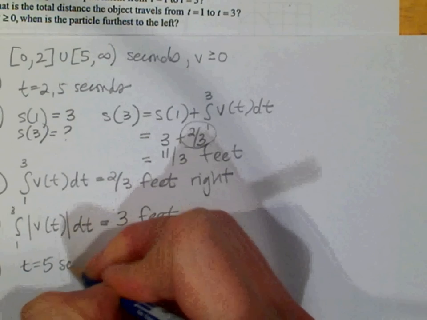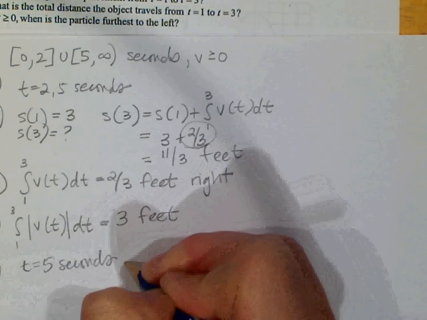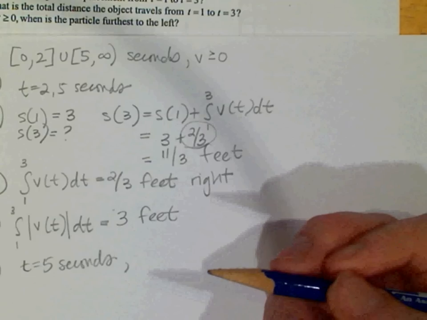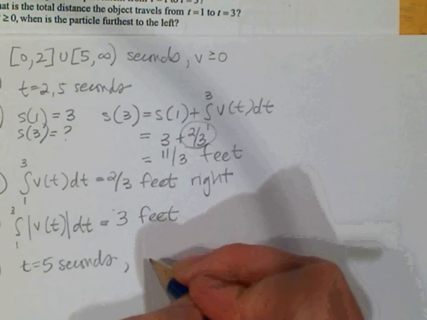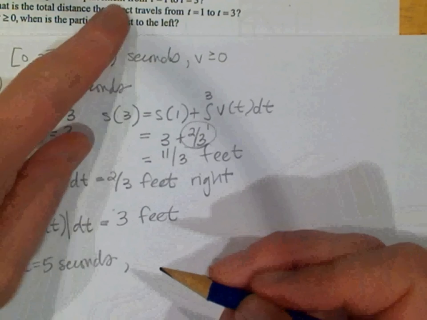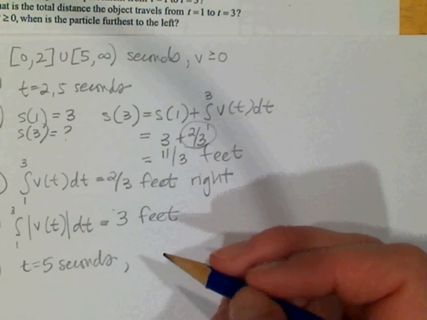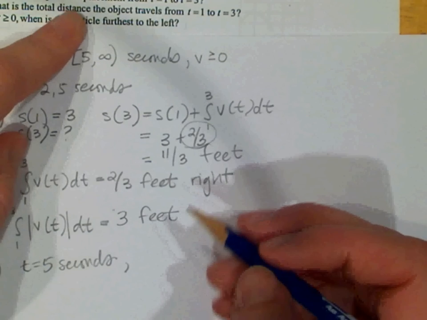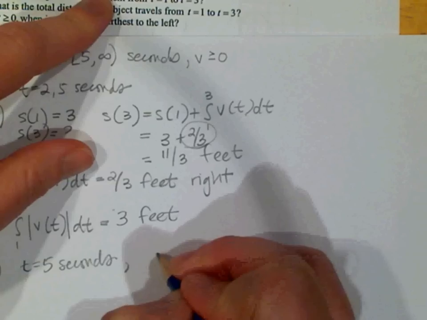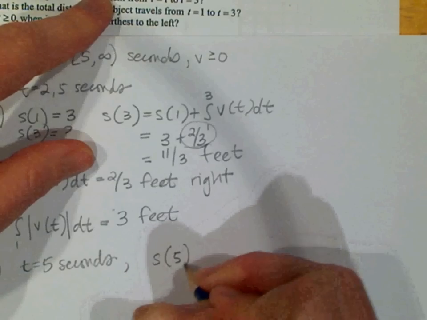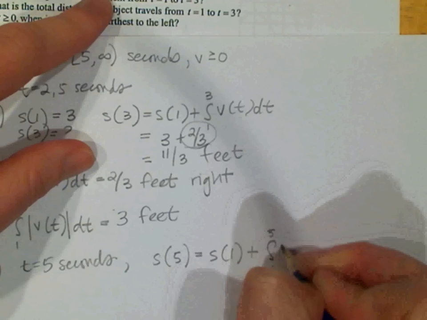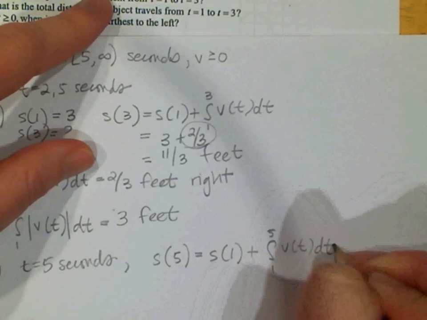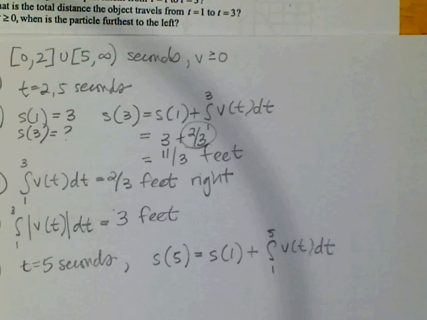And if they wanted to know what that position was, we'd have to have an initial value, which we did. They gave us the initial value at 1 second, so I could find s at 5 by saying s at 1 plus the integral from 1 to 5 of v of t, and actually tell you what that minimum position was. It didn't ask it this time, but of course it could.